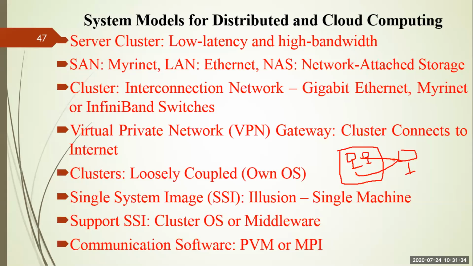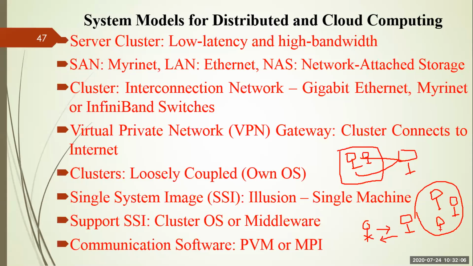And there is another important concept in a cluster, that is called a single system image. Last class also I told you about single system image. Single system image says that if a user wants to communicate with a cluster or a grid, they will communicate with a single computer system, and that computer is responsible for providing the result to that particular user. So the user is not aware of how many computers, like in the previous slide I told you, a cluster of servers is running behind to provide the service.